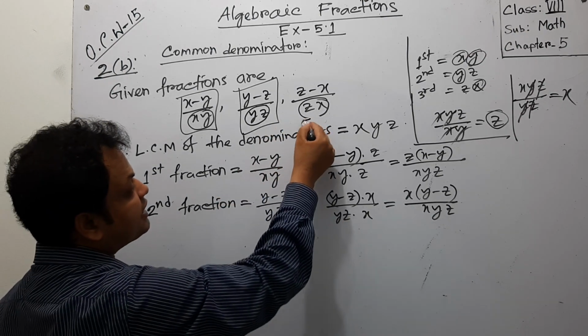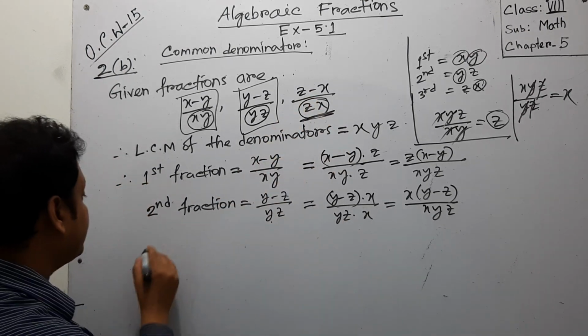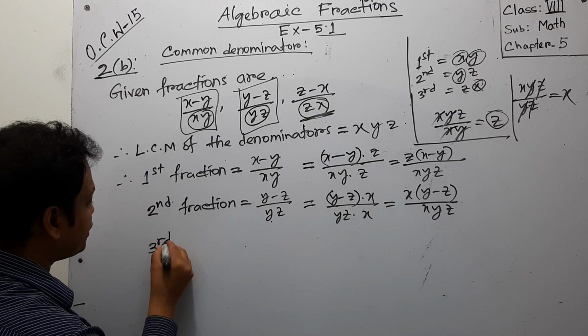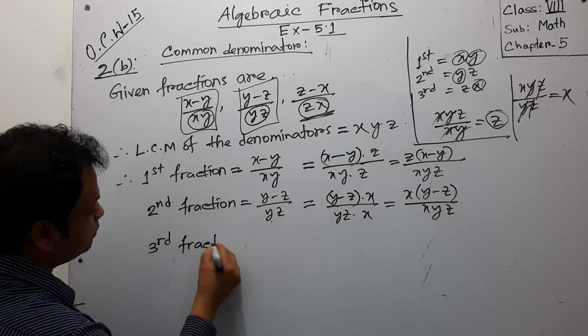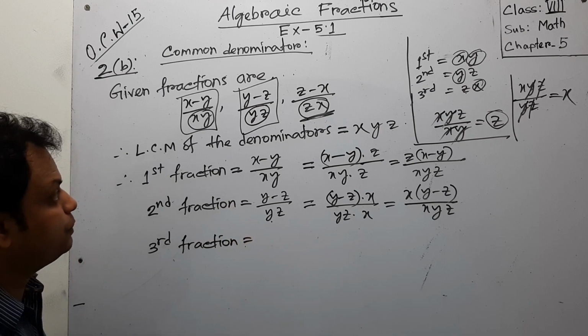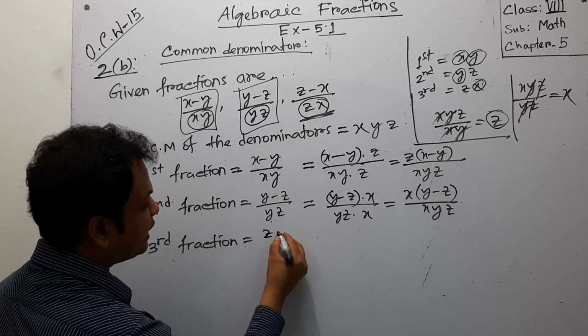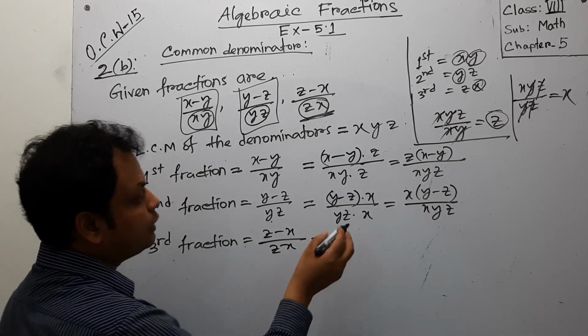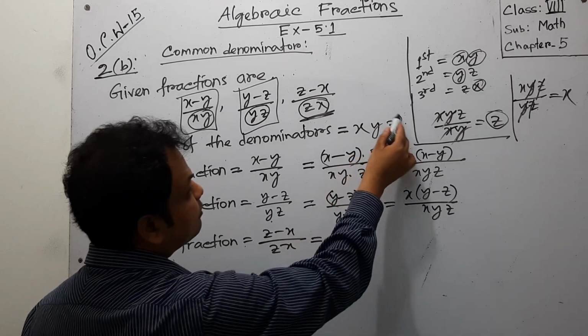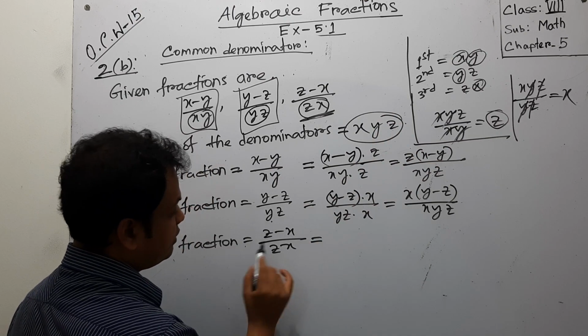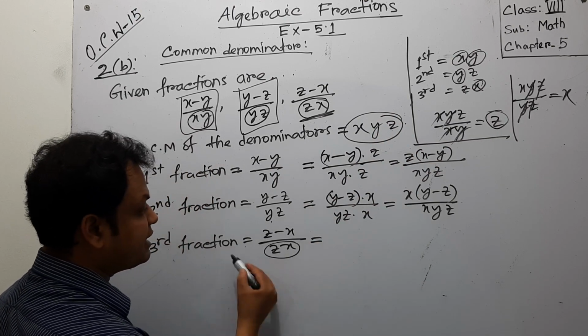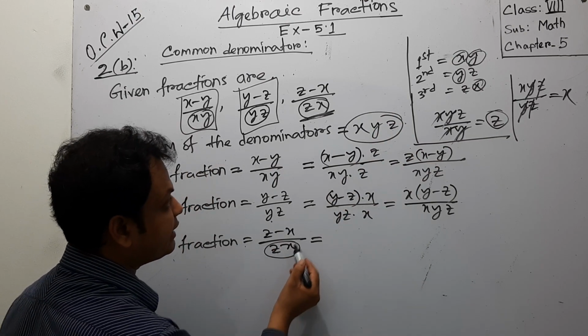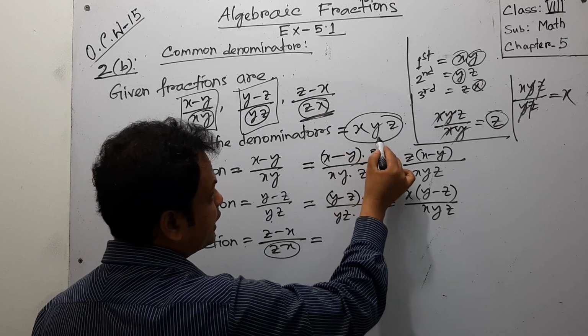Again, another fraction is remaining, that one is zx. That will be the third fraction. The third fraction equals z minus x divided by zx. In that case, the LCM is xyz and the denominator is zx. Divide this one, z and x will be eliminated, we will get y.